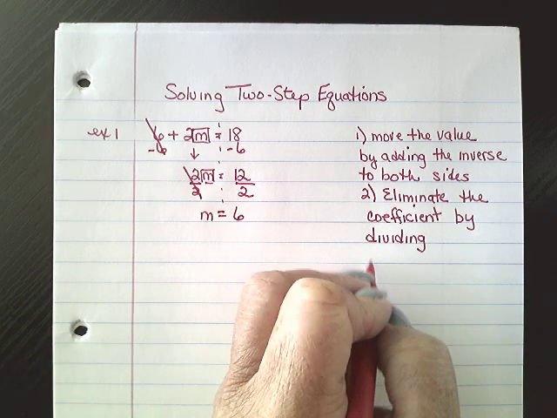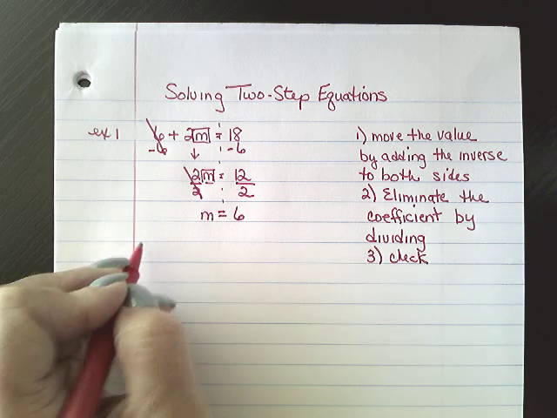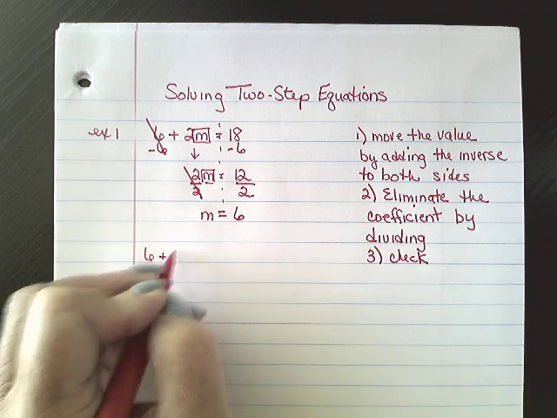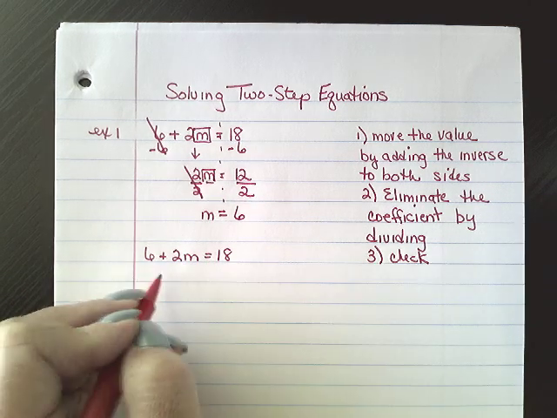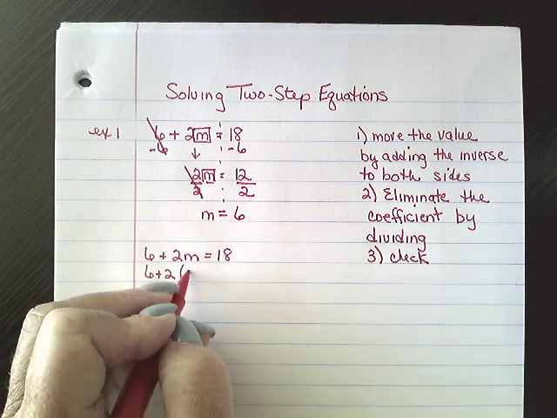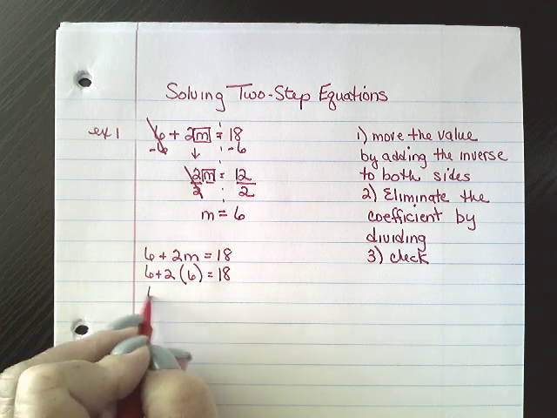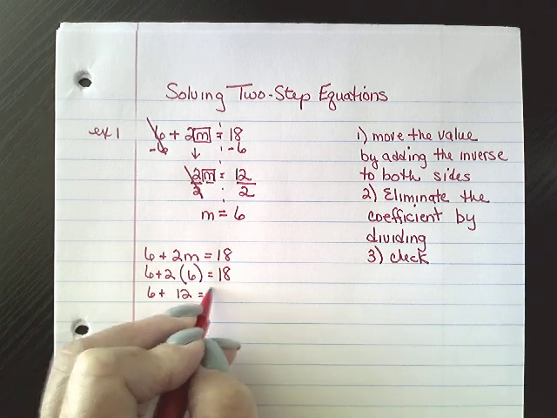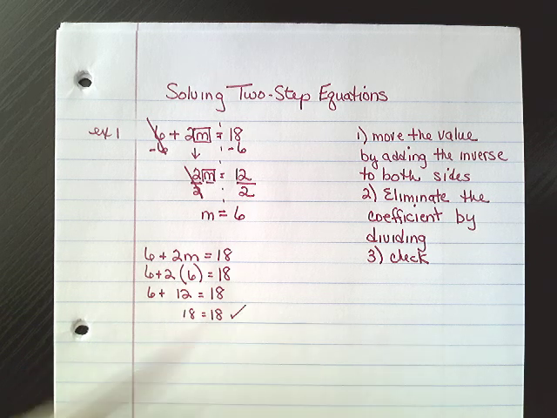So now the last step here is to check. So if I have 6 plus 2m equals 18, now I'm going to substitute my 6 in for m. 6 plus 12 equals 18. 18 equals 18. Check.